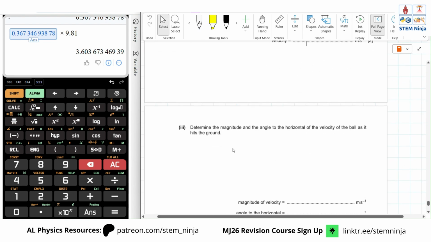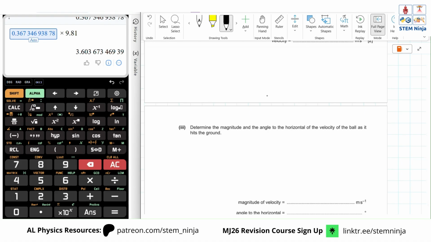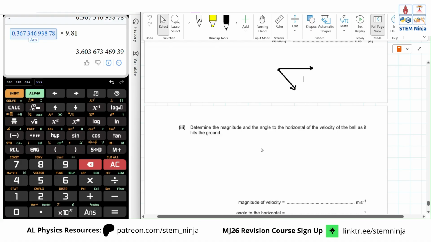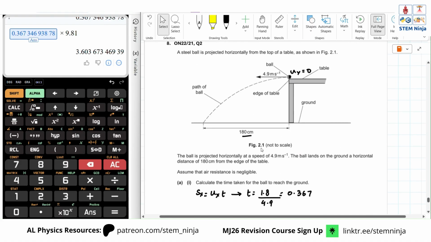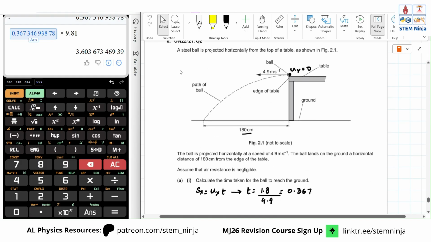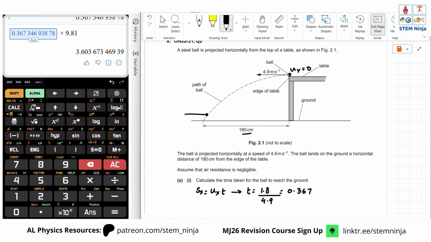Determine the magnitude and angle to the horizontal of the velocity of the ball as it hits the ground. Okay, so we need to know two things over here. We know that the horizontal velocity was, what was it? 4.9. Sorry, actually, this went this way. So this is 4.9 as it is.